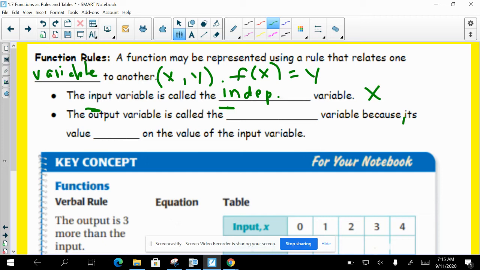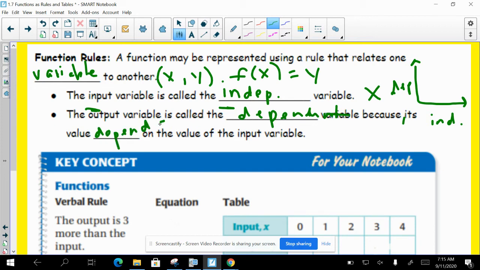And then the output variable is called your dependent variable. The independent variable always goes on the x-axis, and the dependent variable always goes on the y-axis, because its value depends on the value of the input variable. So y depends on x.